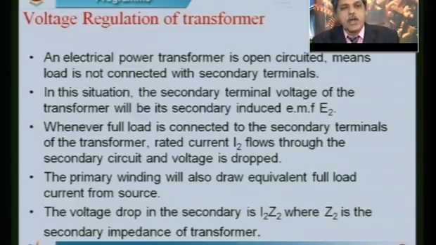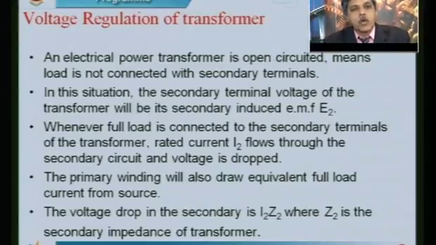Now if you consider the secondary winding, since there is a current in it, there will be a small voltage drop in the impedance of the secondary winding. Because of this impedance drop, the voltage available at the terminals of the secondary winding will be lesser than the induced EMF in the secondary winding.